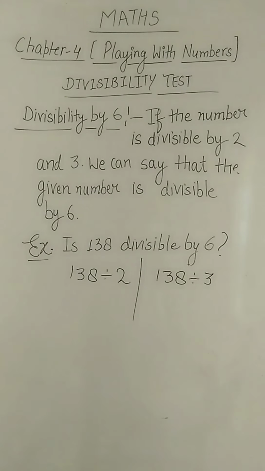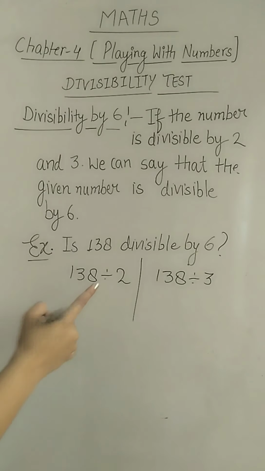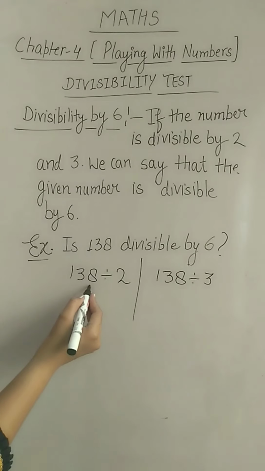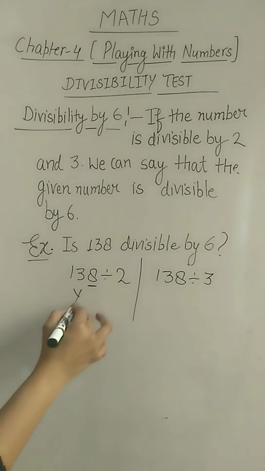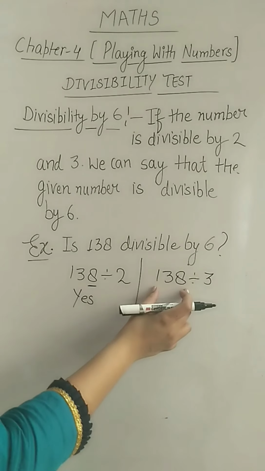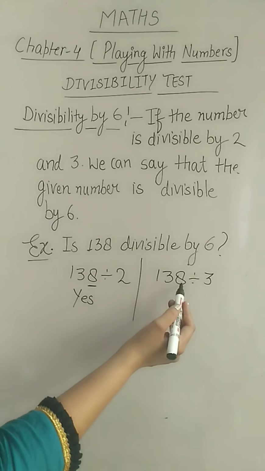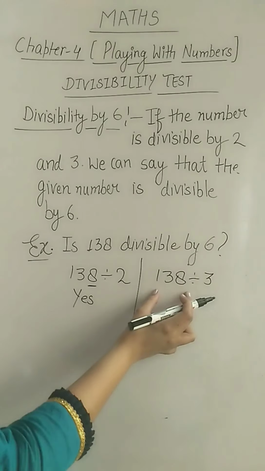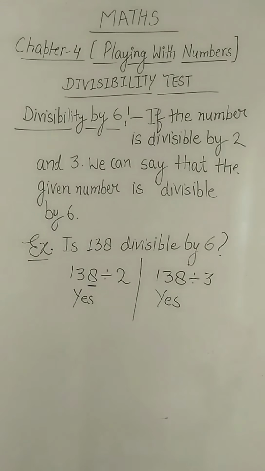For divisibility by 2, first you check only the ones digit. Here the ones digit is divisible by 2, so it is divisible by 2. For 3, we have to check the sum of all digits: 1 plus 3 is 4, 4 plus 8 is 12. And 12 is divisible by 3, so it is also divisible by 3.